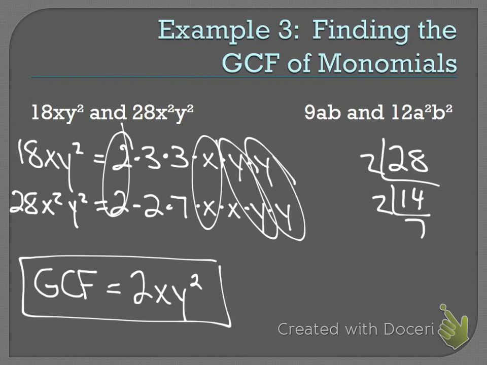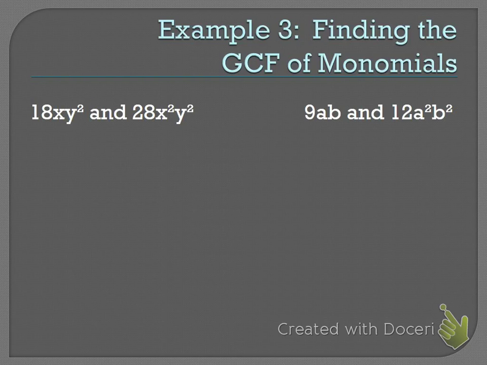You think you can do the second one over there, 9ab and 12a squared b squared. I don't care how you do the prime factorization. Okay, for 9, that's pretty easy. Okay, for 12, just make sure it's the prime factorization. There's no composite numbers. Go ahead and find the GCF of these 2 terms.